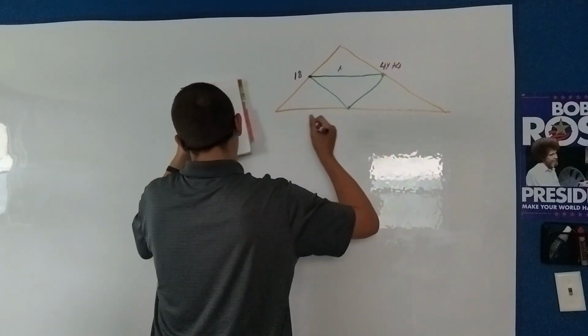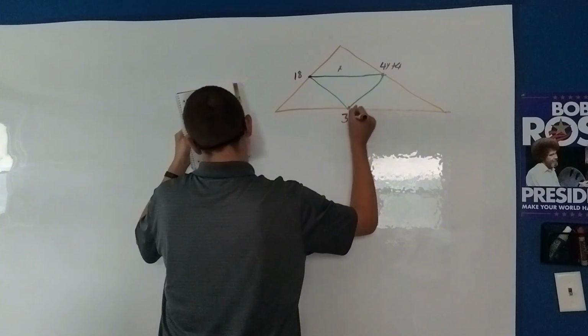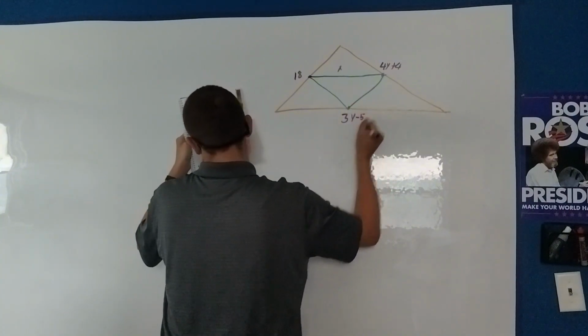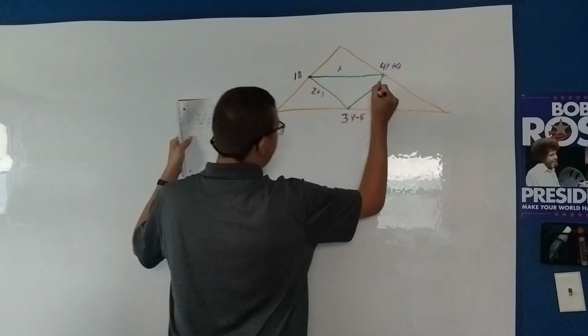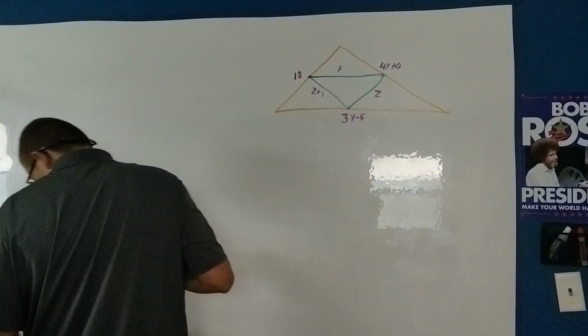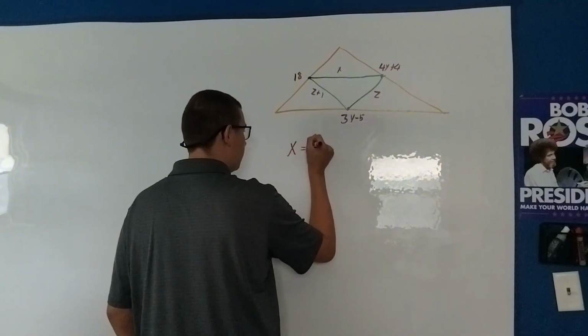More like that. And this entire length here is 3y minus 5. This is z plus 1, and this is z, like that. We have to solve for x, y, and z.